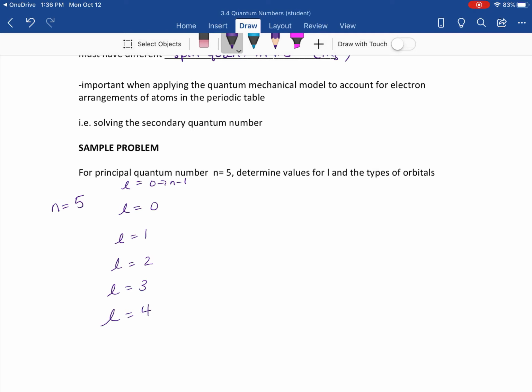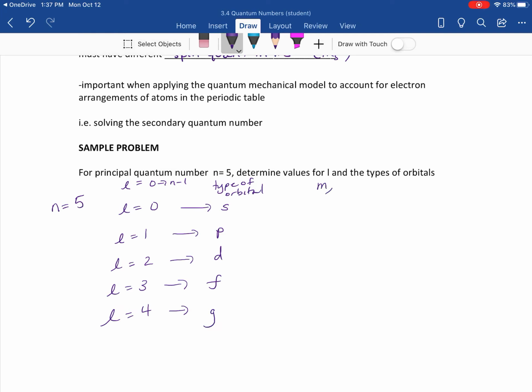Okay? So my type of orbital in this situation: if L equals 0, we're talking about S. If L equals 1, we're talking about P. If L equals 2, we're talking about D. If L equals 3, we're talking about F. And if L equals 4, we're talking about G.